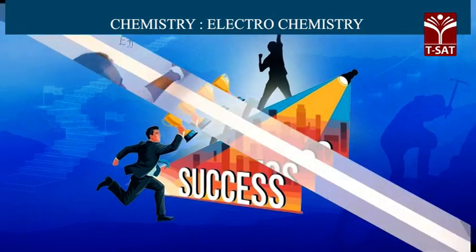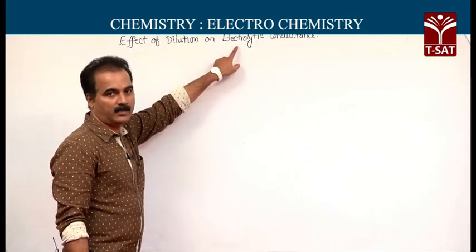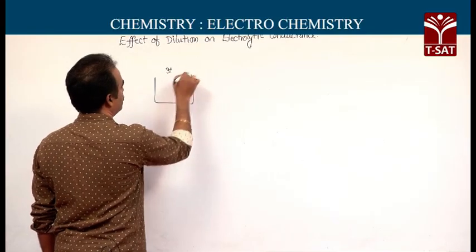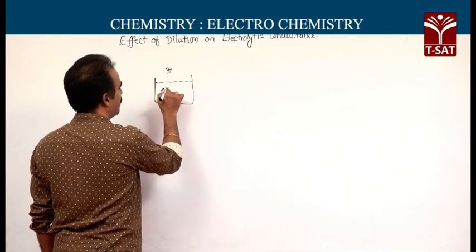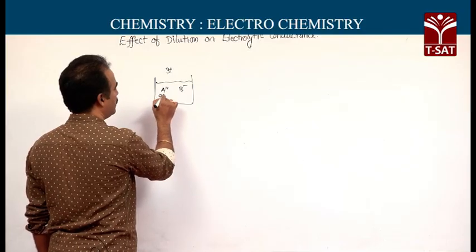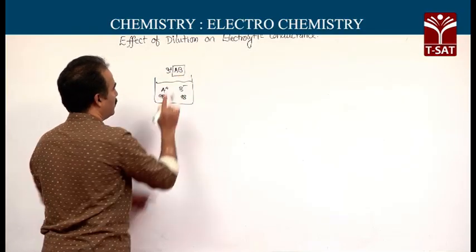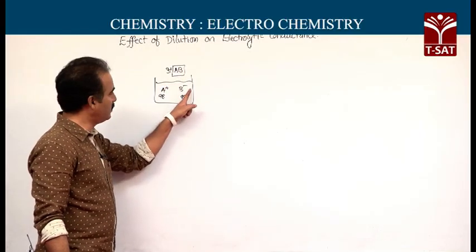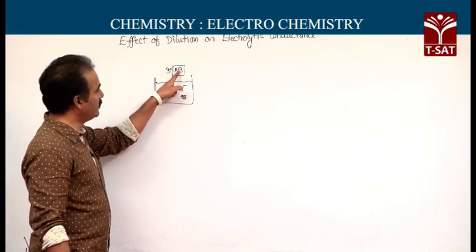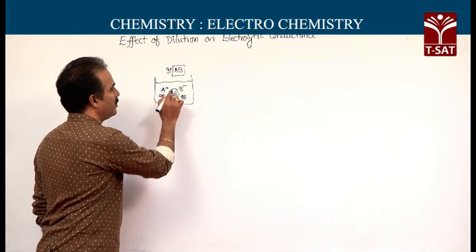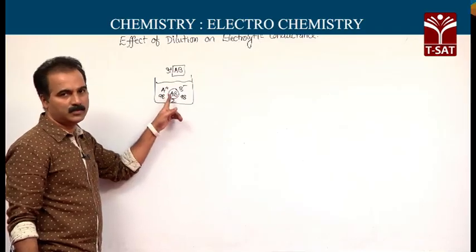The effect of dilution on electrolytic conductance. When you take a strong electrolyte, it is almost 100% dissociated or ionized. So, if you add AB, an electrolyte giving A plus and B minus, which is a strong electrolyte, it means maximum dissociation occurs. There is little undissociated AB in the solution.